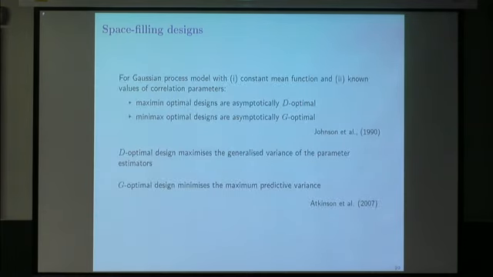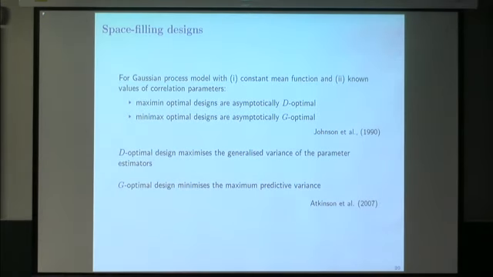But there is a connection between the space filling designs and the Gaussian process model, and especially for a Gaussian process model with constant mean function and known values for the correlation parameters, the maximin optimal designs are asymptotically D-optimal, and the minimax optimal designs are asymptotically G-optimal designs.